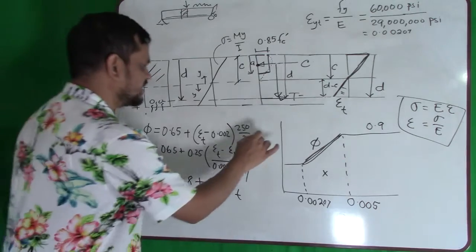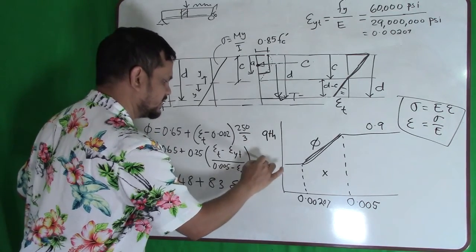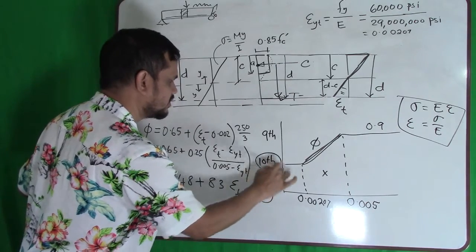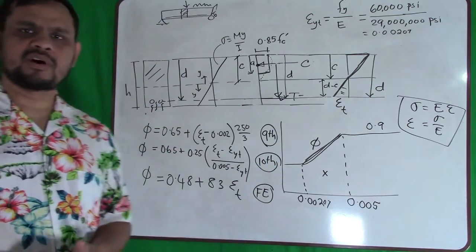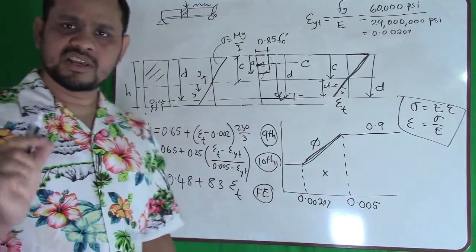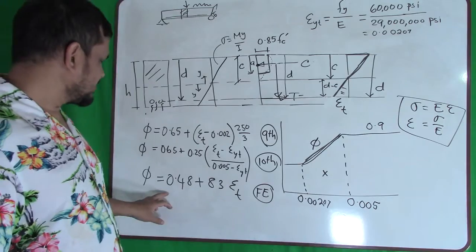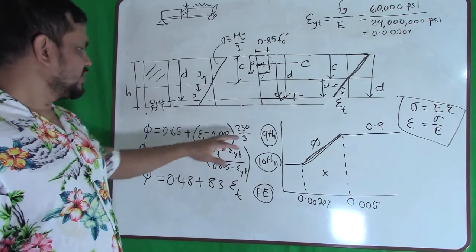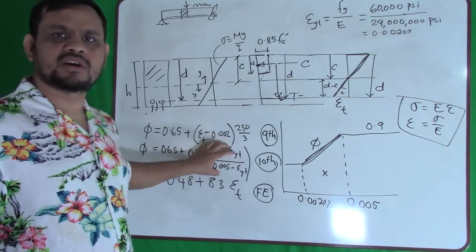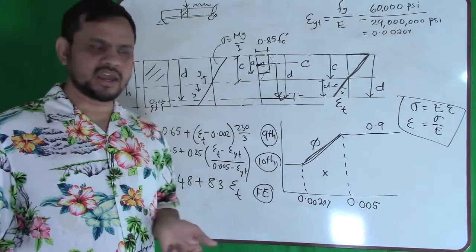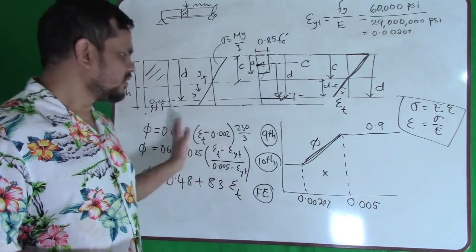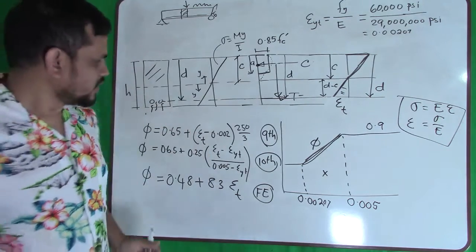So it is in the 9th edition book, the 10th edition book, and the FE. Whatever book you follow, your answer will be very similar. In your FE exam, you will use this equation. The 10th edition is the most recent and most accurate, but no problem, your value will be very close.